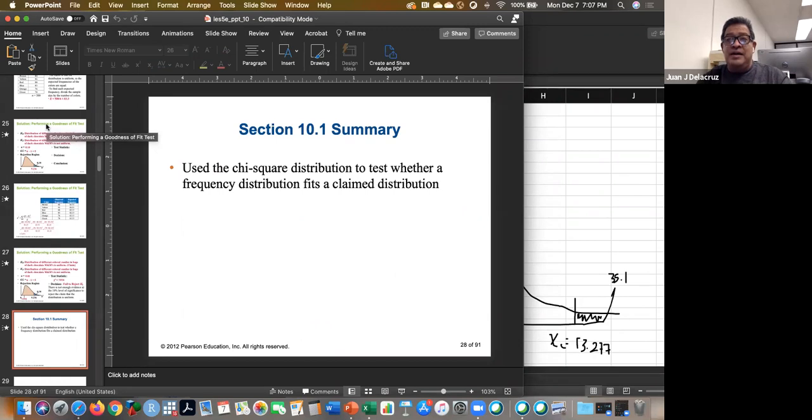When you are doing regressions, this is one of the first tests that you need to run, because you need to know whether the underlying distribution fits the data. That is a very important test for your future work.